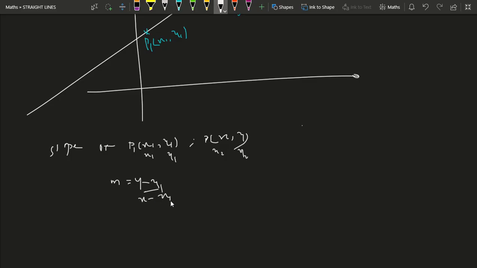Simply I can write this equation by taking this to the other side.